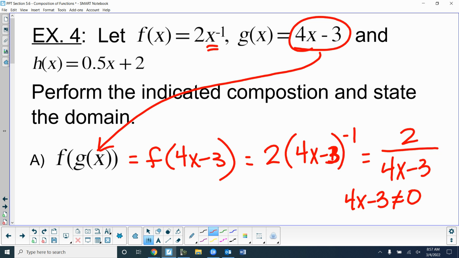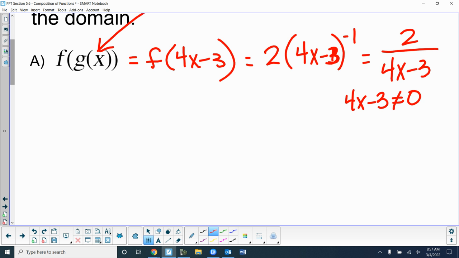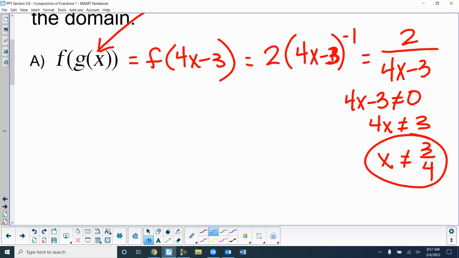Okay, since that's in the bottom, I've got to write that. So how do I solve for x there? What's the first step to get x by itself there? Add the 3. And then what? Divide by the 4, right? So that's what I like to call the restrictions on the domain, what x is not allowed to be.